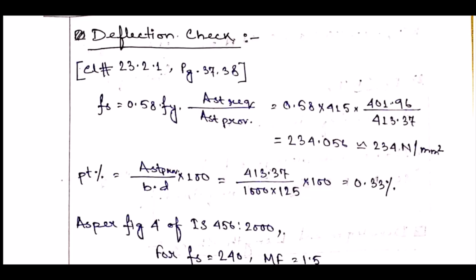To find out the modification factor from figure 4 of IS 456 2000, we have to know two values, that is the fs value and the percentage of steel. From these two values we have to find the modification factor. So let us go to figure 4.